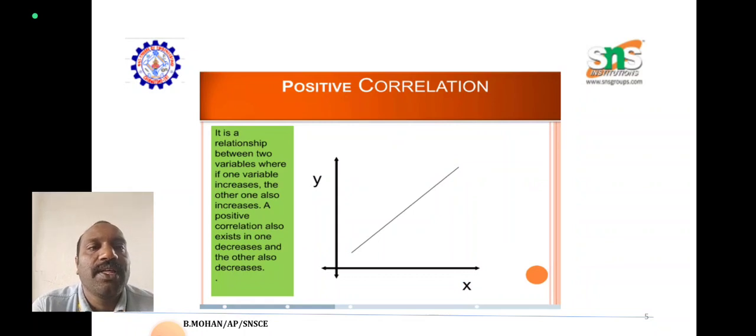In a positive correlation, it is a relationship between two variables, a and b, where both variables are going only in the positive direction. That is called a positive correlation.